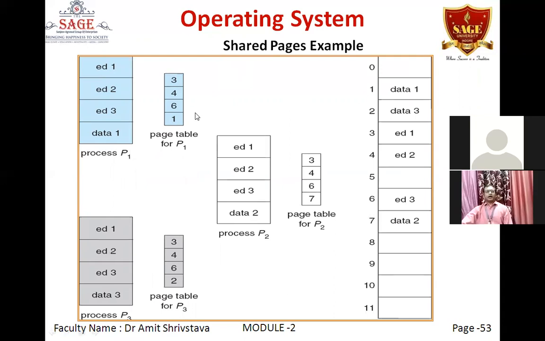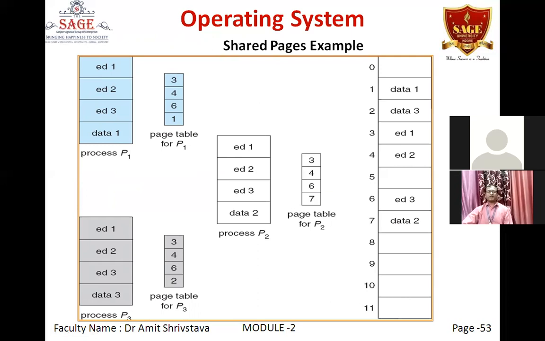Now, how can we use the sharing concept in paging? Let us say I have 3 programs running, and all 3 programs are using MS Word. That is, they are typing some letters. The letters will be different, but the code, the MS Word editor itself, is reentrant code.